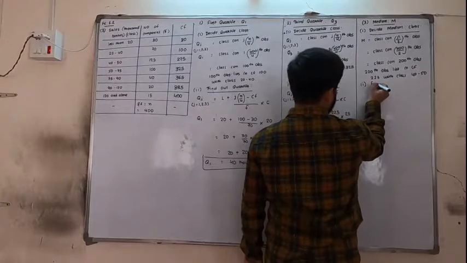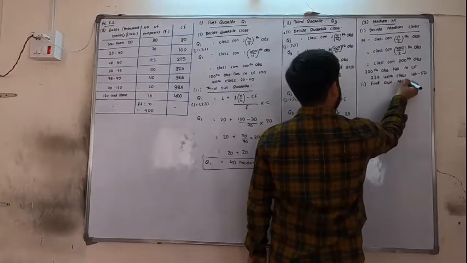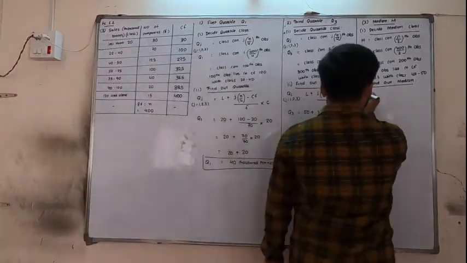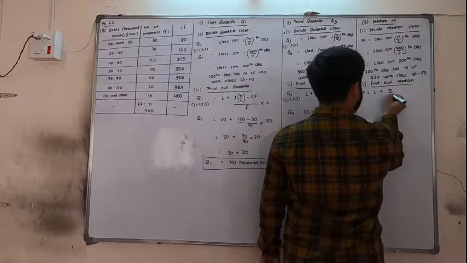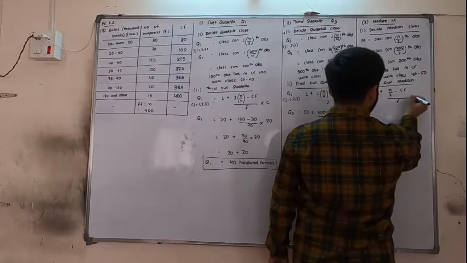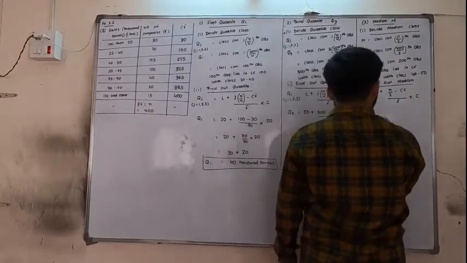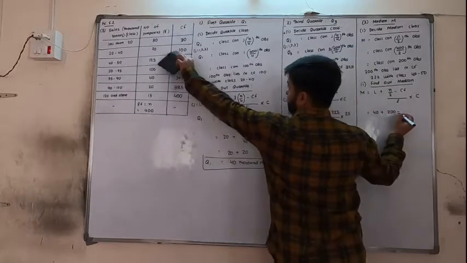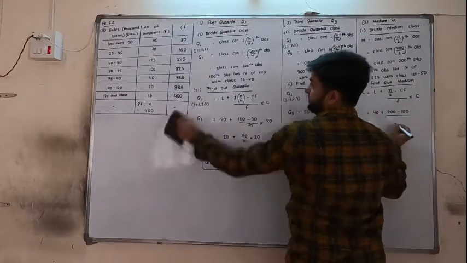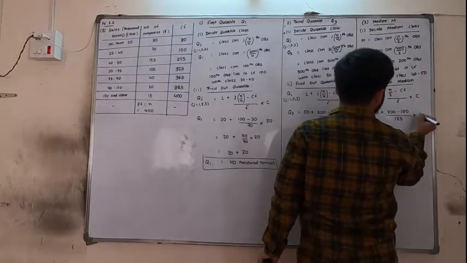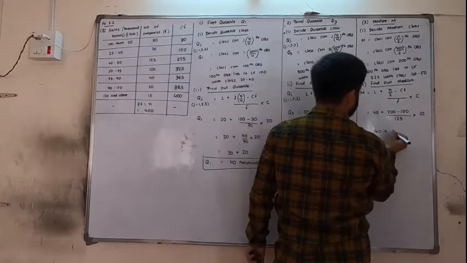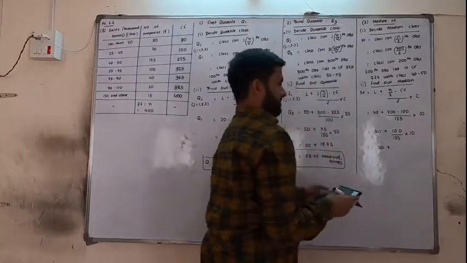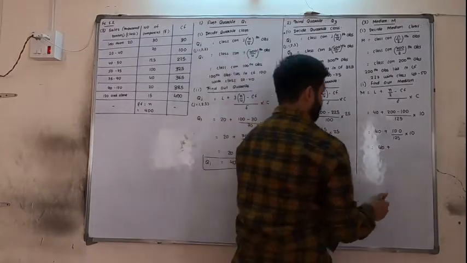Second step, find out the median. Okay. M is equal to L plus N by 2 minus Cf upon F into C. Now L is 40, N by 2 is 200, the cumulative of the previous class is 100, the frequency of that class is 125, and the class length here is 10. 40 plus 100 by 125 into 10. 40 plus 100 into 10 by 125 is 8.